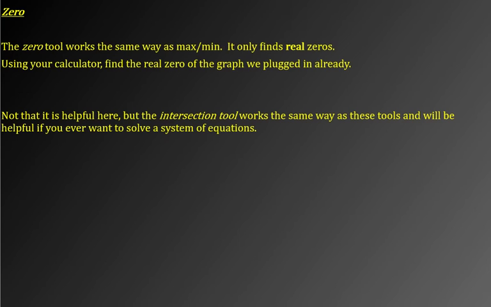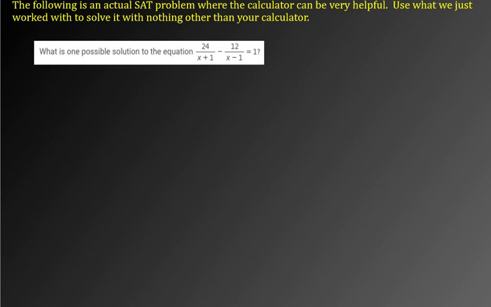But I want to show you a problem really quick where the 0 can be super useful. This is actually an old published SAT problem, and they are just asking, what is one possible solution to this equation? If you have a graphing calculator, and this was on a calculator section, you can do it really, really fast.